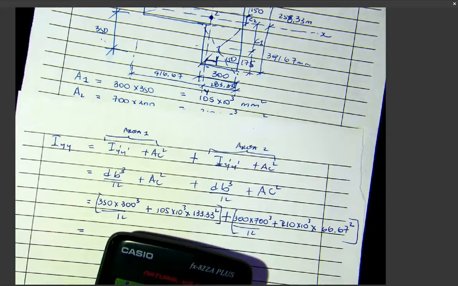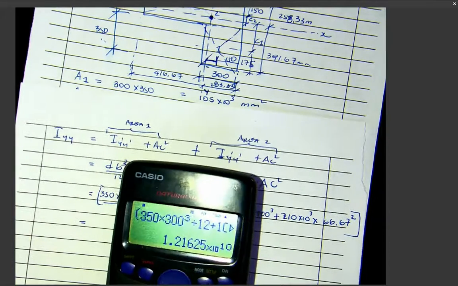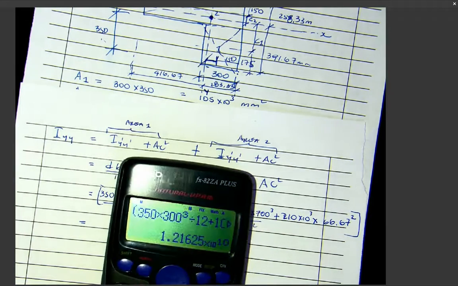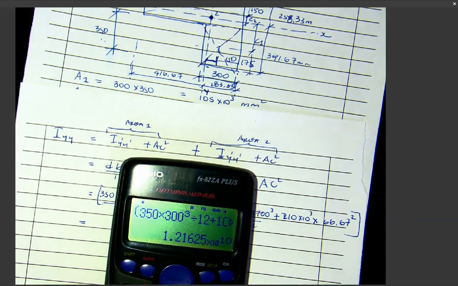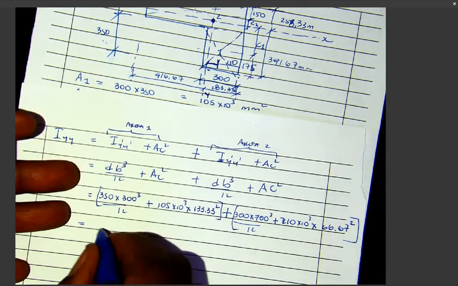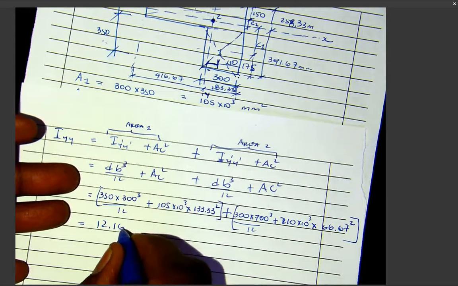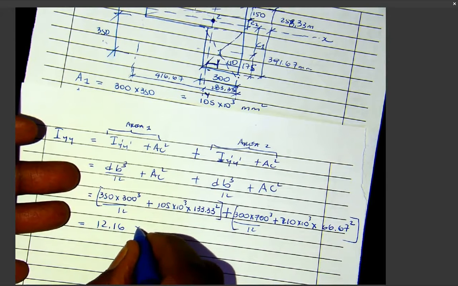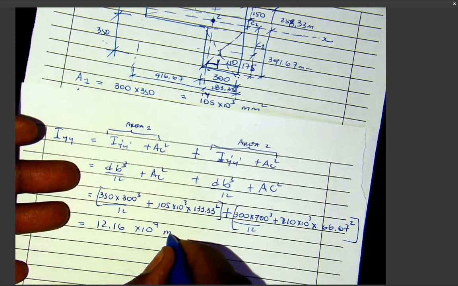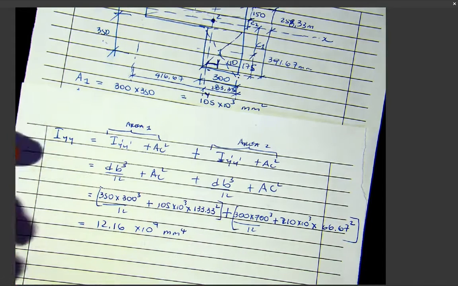Again, it's giving me this, guys. I don't expect a student to give me this answer. If you are an engineering student, expect it to be changed to proper form. It's 12.16 times 10 to the power 9 millimeter to the power 4.